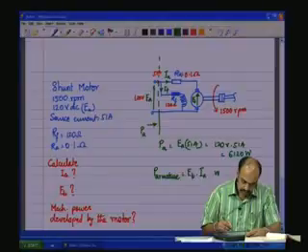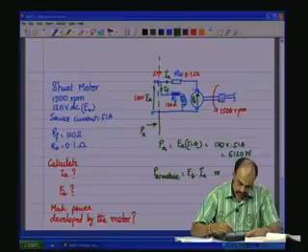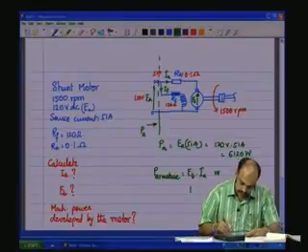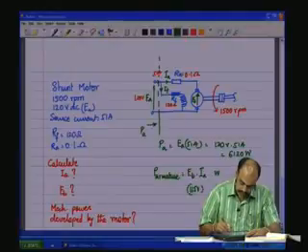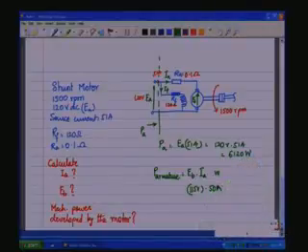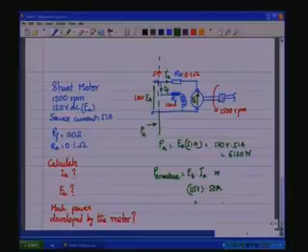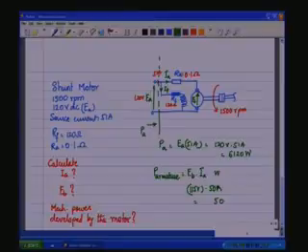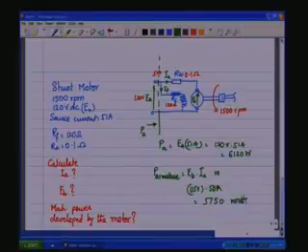So EB into IA watts is nothing but this voltage which we calculated, which is 115 volts, into this current which is 50 amps, which is 5750 watts.